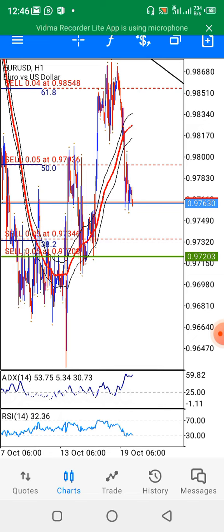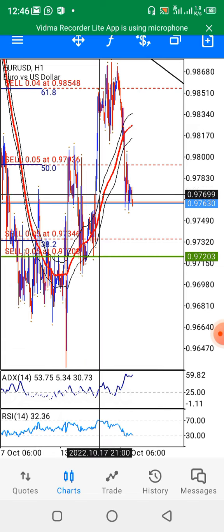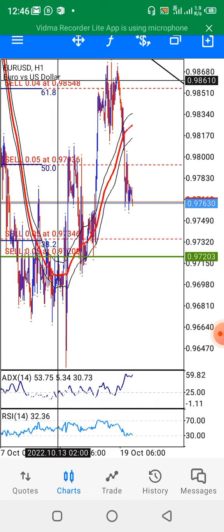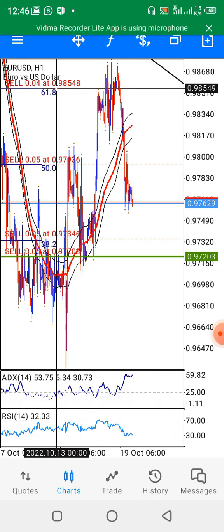So how do I get the pips I've made on this? I will click on my crosshair, then click on the position where my trade triggered, the position I entered my trade.